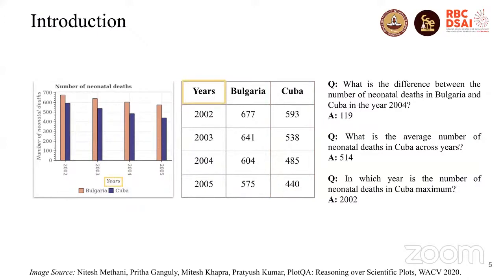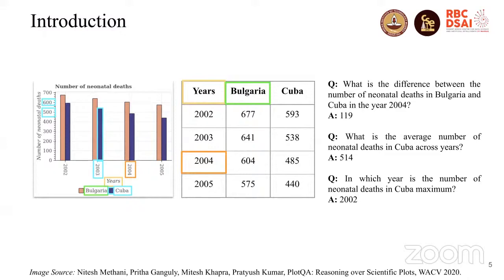You'll have to see that there is an x-axis title, which is years. So years would be one column in your table. Then there are different years, so the year 2004 would be one of the rows in your table. Then there are different countries which are being compared, so there would be one column for Bulgaria, one column for Cuba. And then across all these combinations, you would have to read the values of these bars, right?